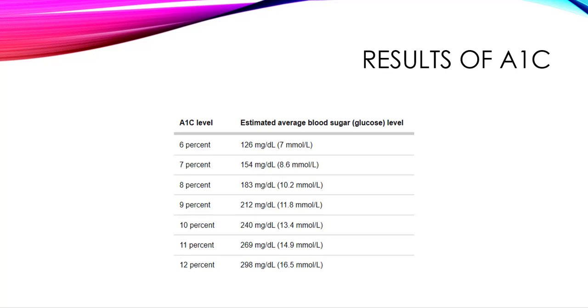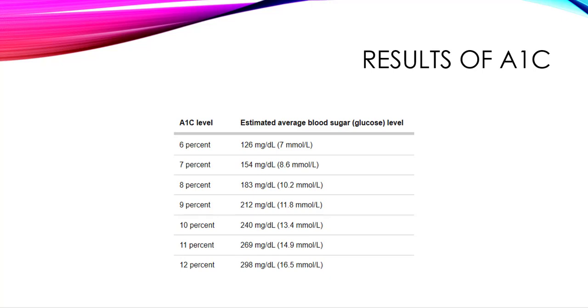And as I mentioned before, A1C test is used both to screen for diabetes, but also to diagnose. But it is also used periodically even for those patients who have been diagnosed with diabetes and are being treated for it, in order to check on whether the regimen, whether the plan that was put in place for the patient is actually working to manage this person's blood glucose levels.